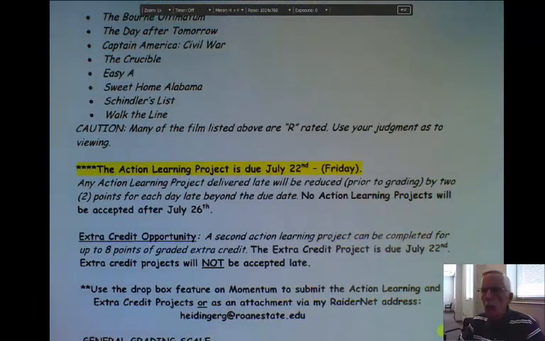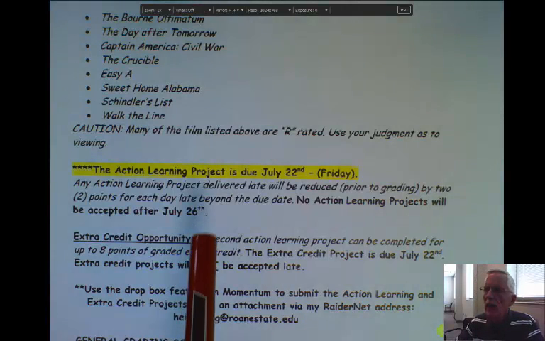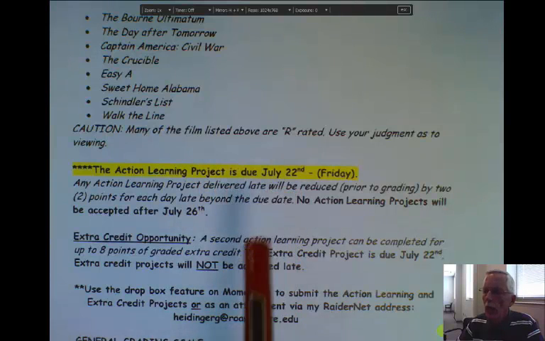Now, should you look through this list and you find, I'm not really sure I want to use any of these, do you have another film in mind? Run it by me. I'm pretty flexible. Most of the time, I'll probably say go with it as such. Now, notice this action learning project is due the 22nd of July.